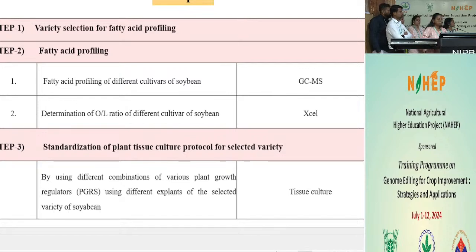Comparing the genotypes, we are going to select the cultivar to edit, and in the third step we are going to standardize the protocol for the selected variety through use of various plant growth regulators and explants.